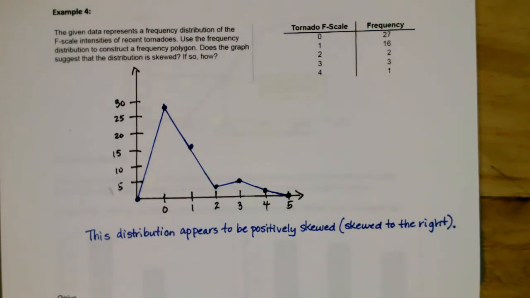Okay. So that is how we construct a frequency polygon from a frequency distribution.